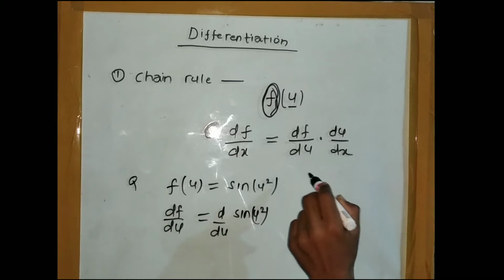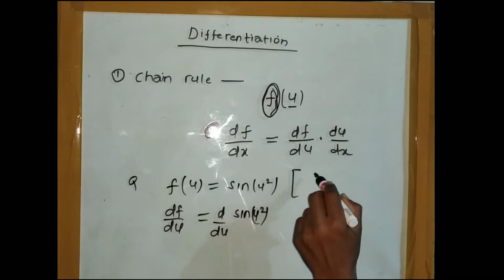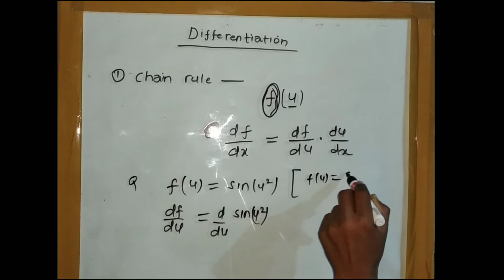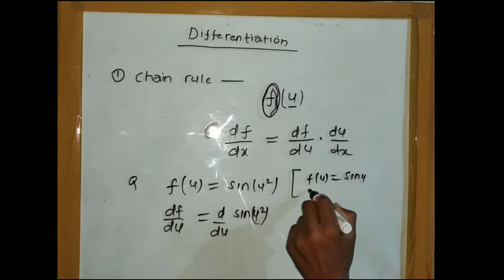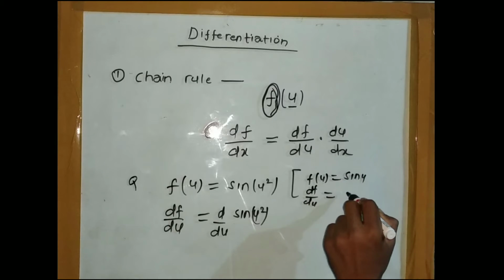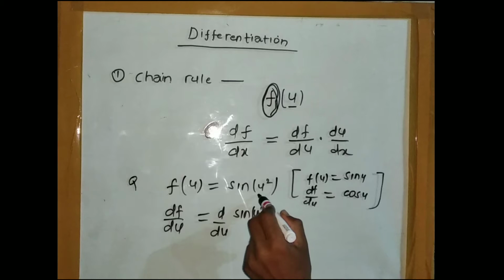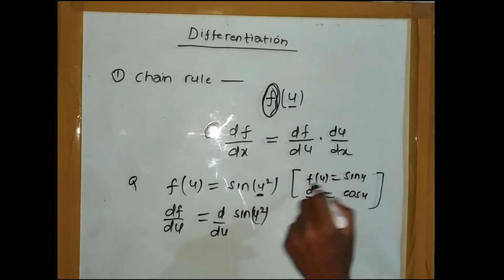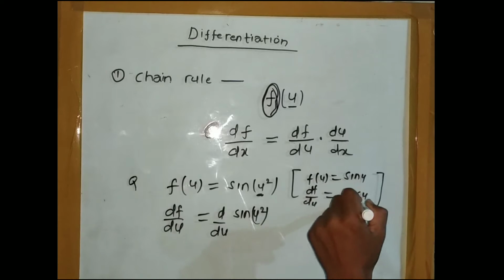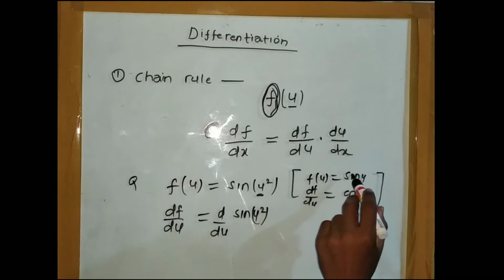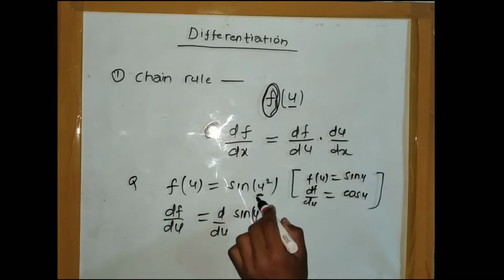If this problem were f of u equal to sine u, then del f by del u would simply be cos u. But here the sine u square term is given, so this is not the standard problem. The derivative of sine u equals cos u, but here u square is given.